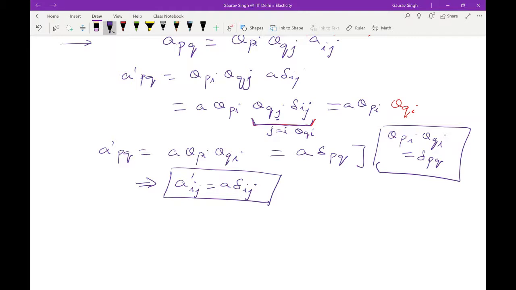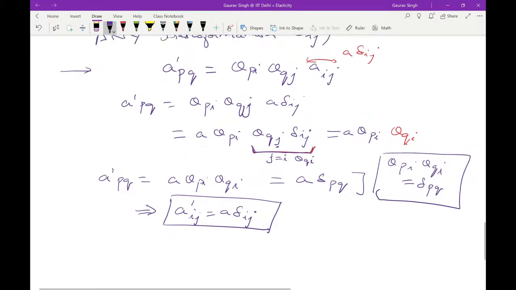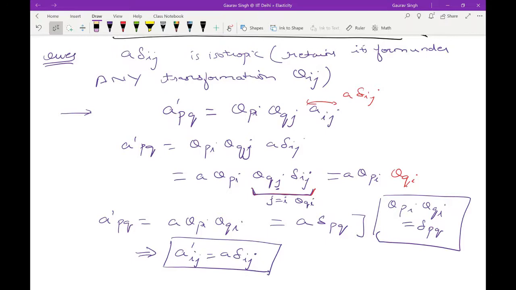So this is how it looks, and as you see, the transformed tensor is the same as the original tensor, and hence the form was retained under any transformation. The only condition was that it should be an orthogonal transformation, which anyways is true even from the start for this course.